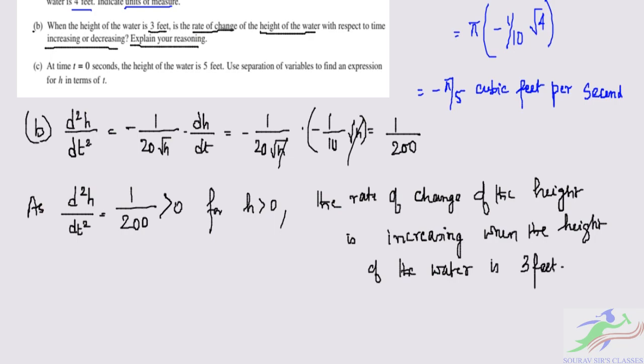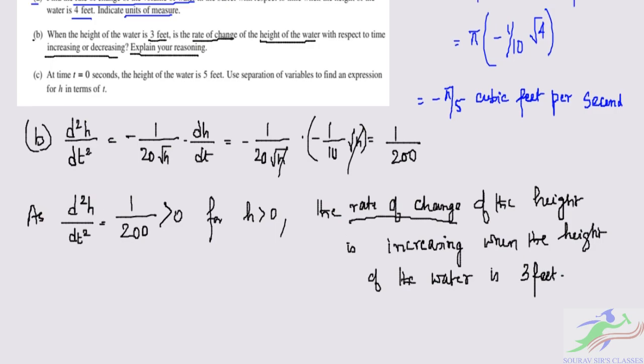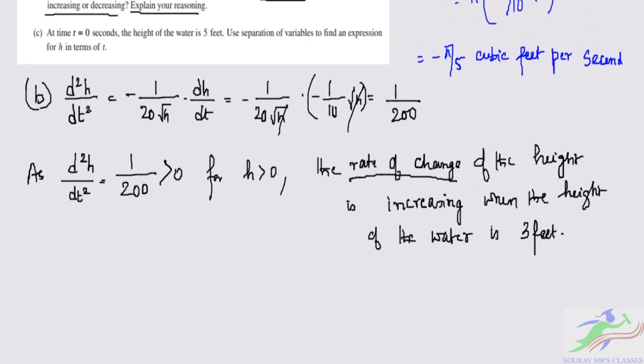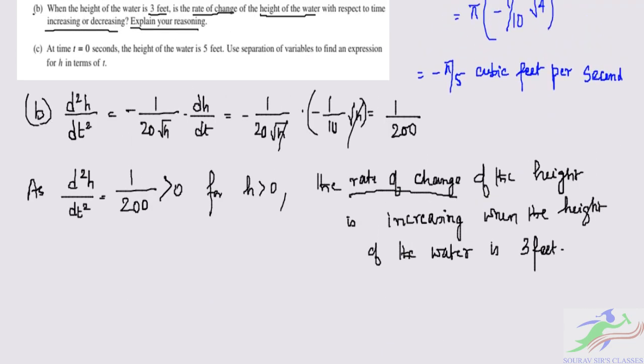The height is increasing, the rate of change of height is increasing. So to find whether it is increasing or decreasing, our answer is increasing, along with the justification and explanation.